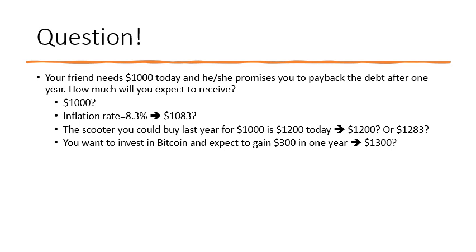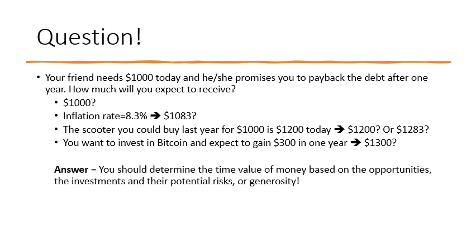So it means that if you keep this $1,000 for yourself and invest it, after 1 year you can make $1,300, and you may ask your friend to pay you $1,300. But what is the exact and correct time value of money in this case?